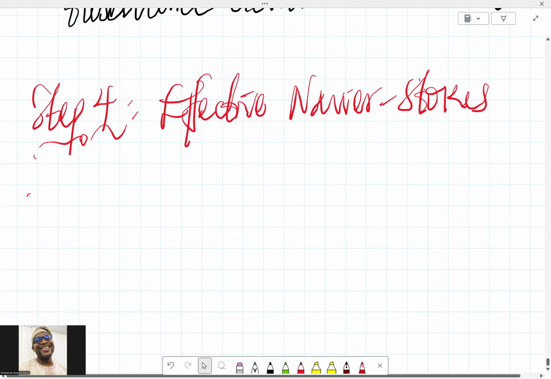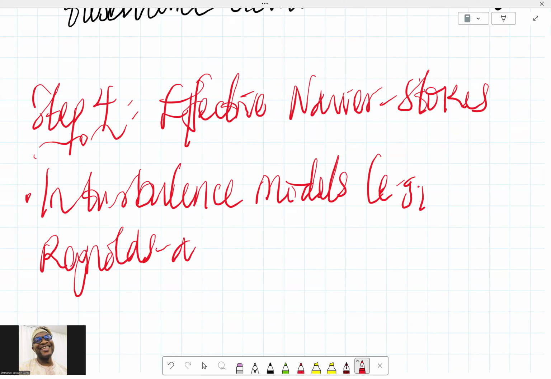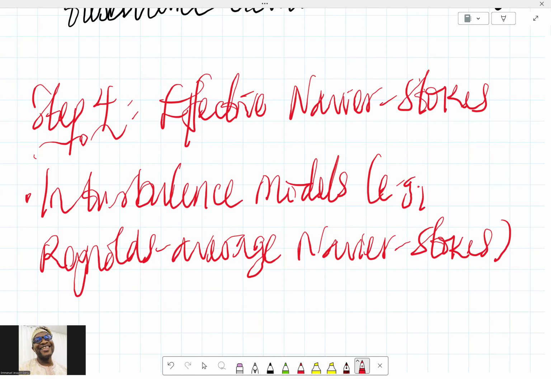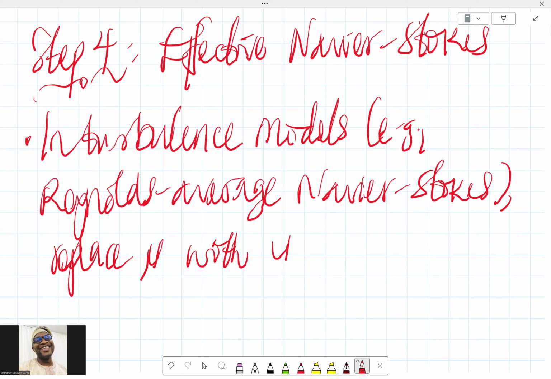In turbulence models, like what we have in the case of Reynolds-averaged Navier-Stokes, what we do is replace the original viscosity with that viscosity plus the turbulent viscosity, so to speak.